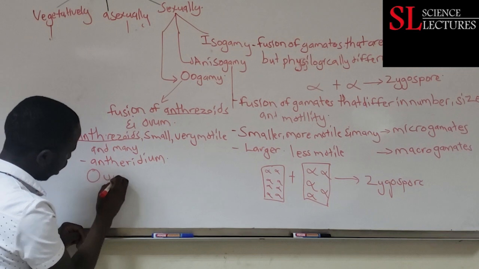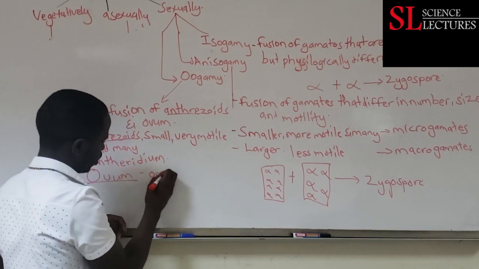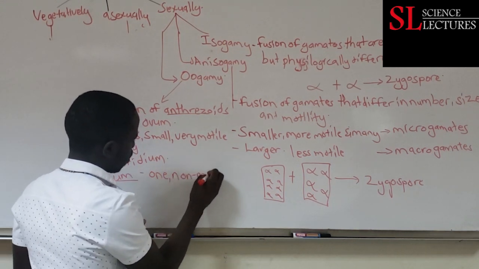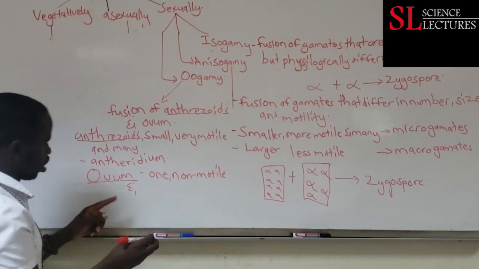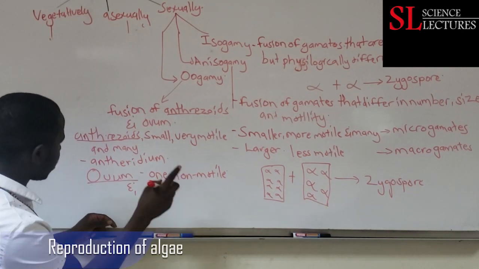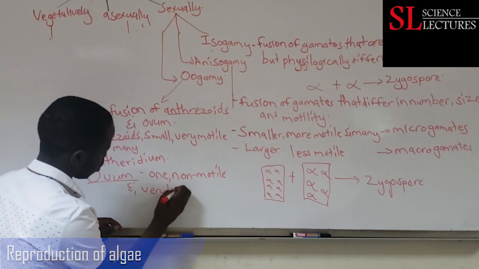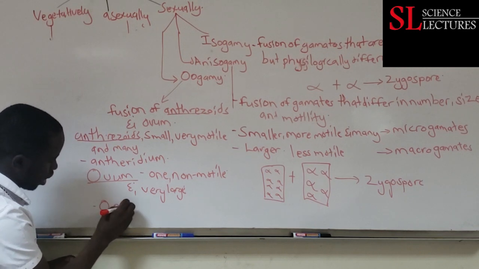Now let's talk of the ovum. The ovum is number one, non-motile, and one, very large. And it is produced by the oogonia.